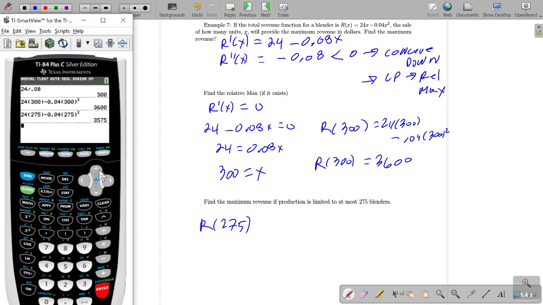And I end up with 3575. So in essence, $25 short of what r of 300 is.